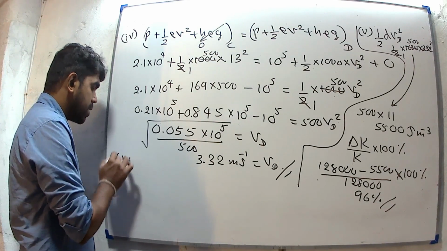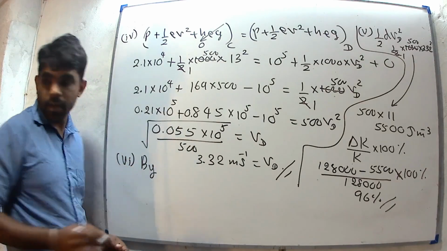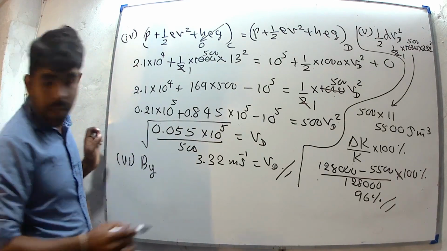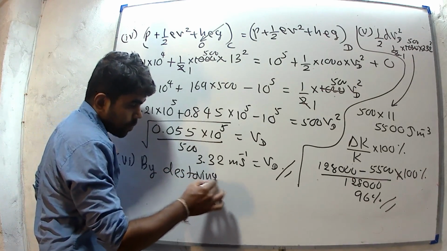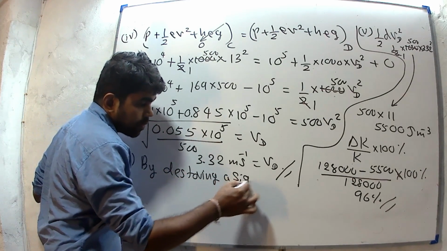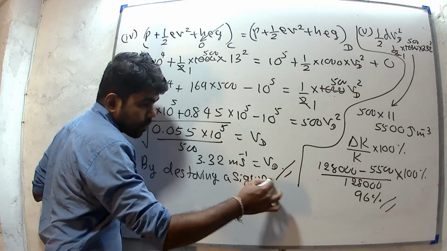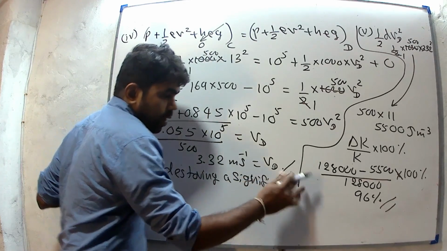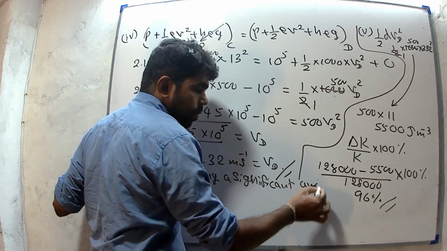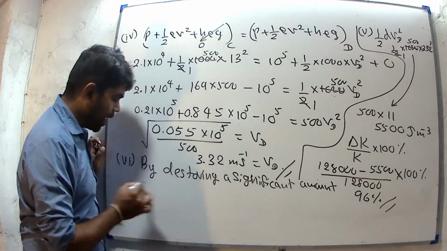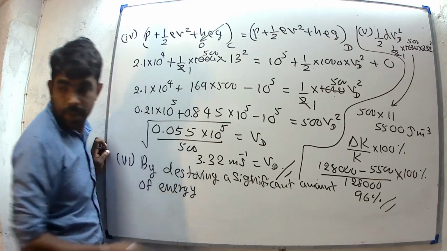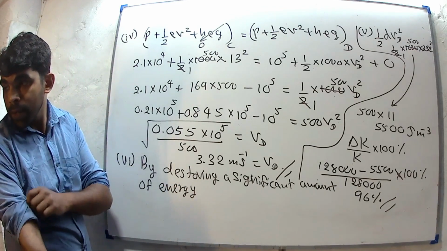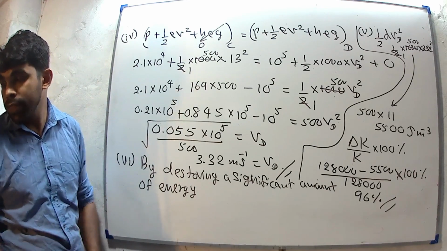Answer for part 6: by destroying a significant amount of energy of the water flow within the Pesuru.